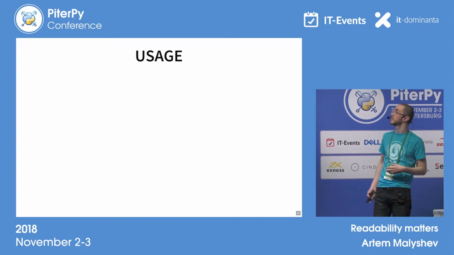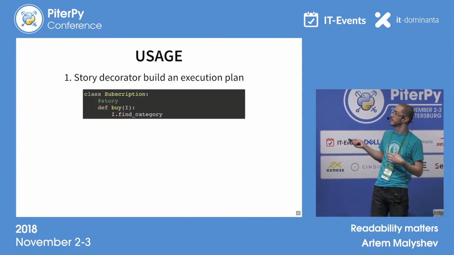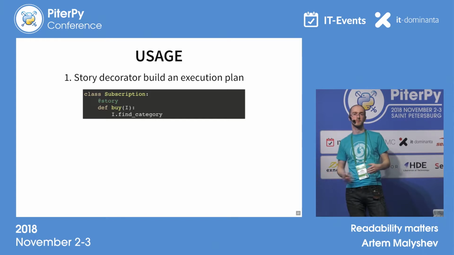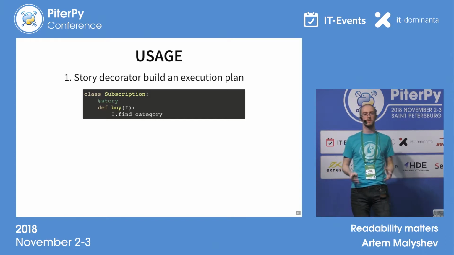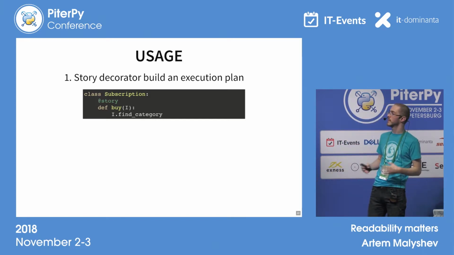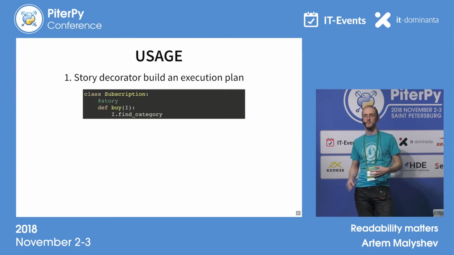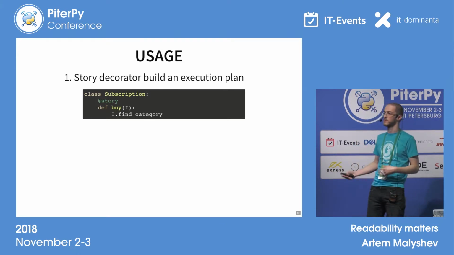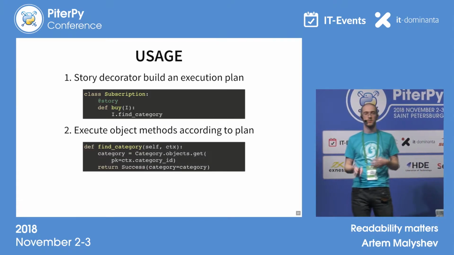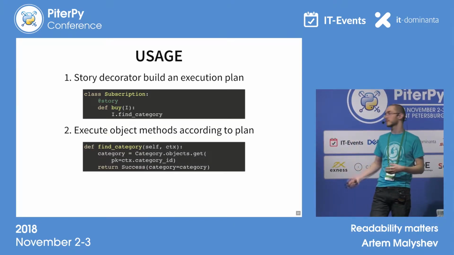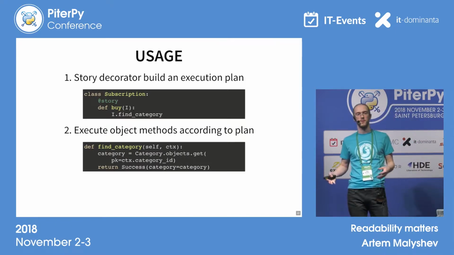How to use this particular library if we want to. So first of all, we need to describe the business object, the business scenario. This is a sequence of steps that must be performed in a particular manner. These particular steps are implemented by means of methods.